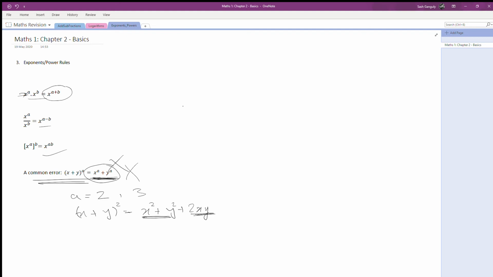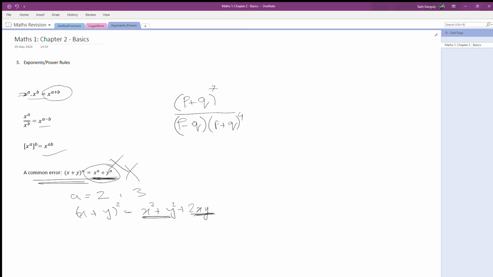Suppose I have (p plus q) to the power 7, upon (p minus q), times (p plus q) to the power 4. Now if you have to simplify this, what can we do?